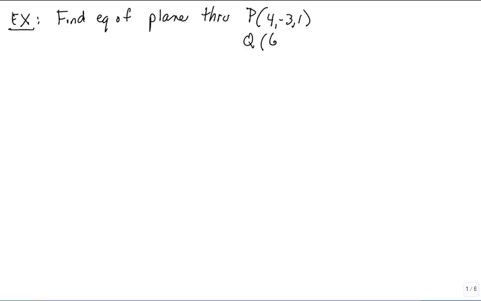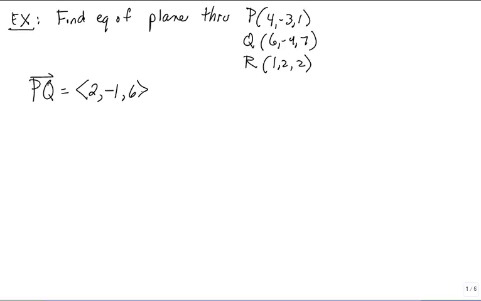Okay, another example. Find the equation of the plane through these 3 points. Well, let's find the vector representation from P to Q. So that's 2, negative 1, 6, and P to R is negative 3, 5, and 1.